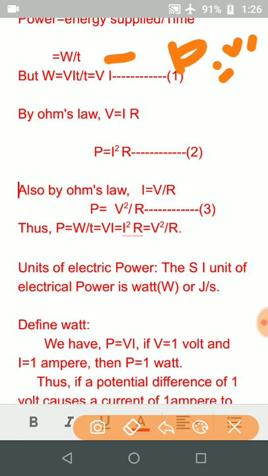By Ohm's law, V is equal to I into R. Substitute here in place of V, I into R, then equation 1 implies P is equal to I square R. Once again, by Ohm's law, I is equal to V by R. Here in this condition and this condition, they are the same Ohm's law but in different forms. Here V is equal to I into R, here I is equal to V by R, just doing cross multiplication. No different formula here.